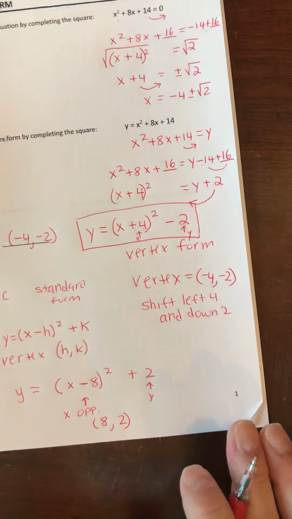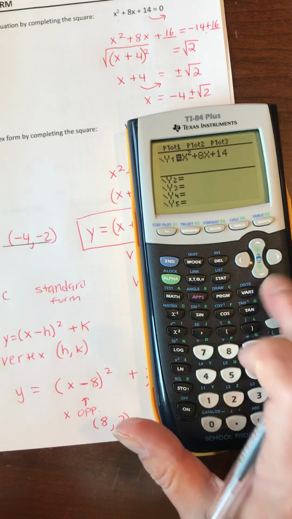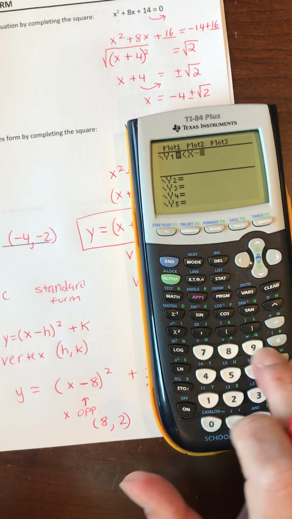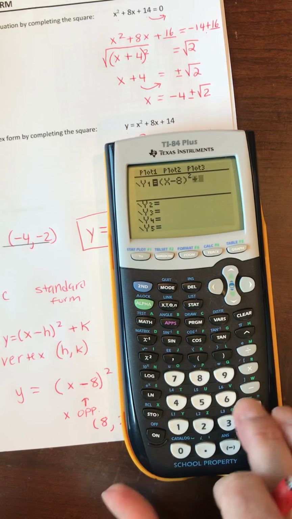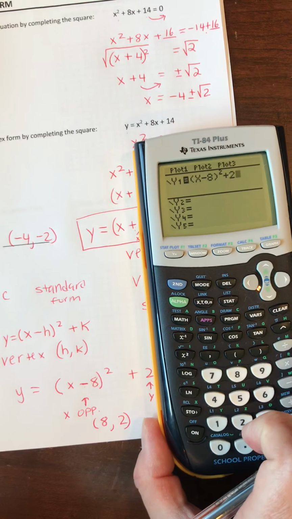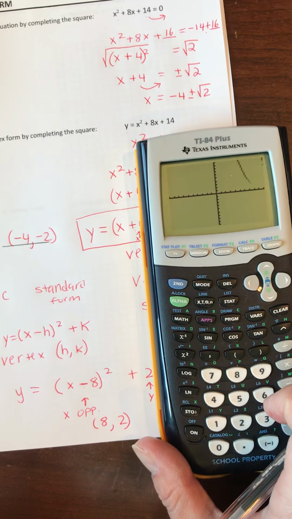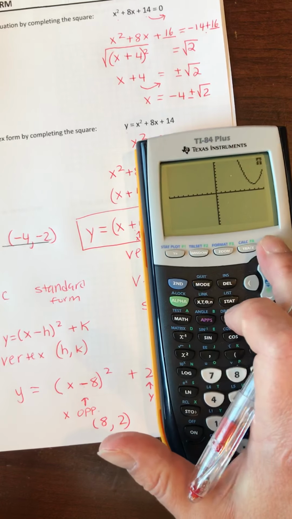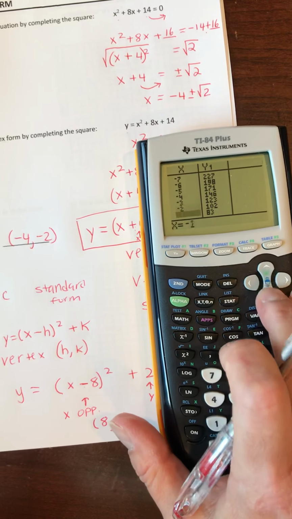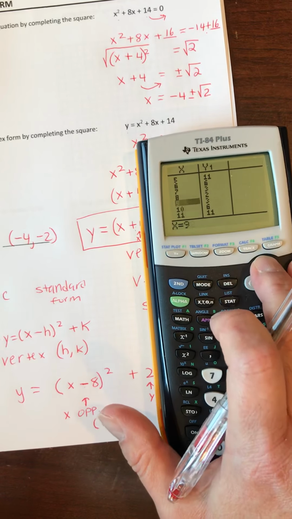Watch if I graph this equation, y equals x minus 8 squared plus 2. That's the equation I made up. I graph it. Notice my vertex is over here. If you go to your table of values, you'll see that your vertex is 8, 2.